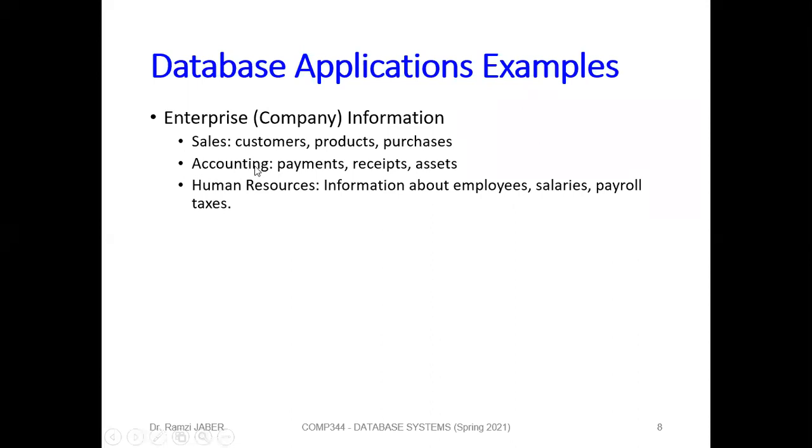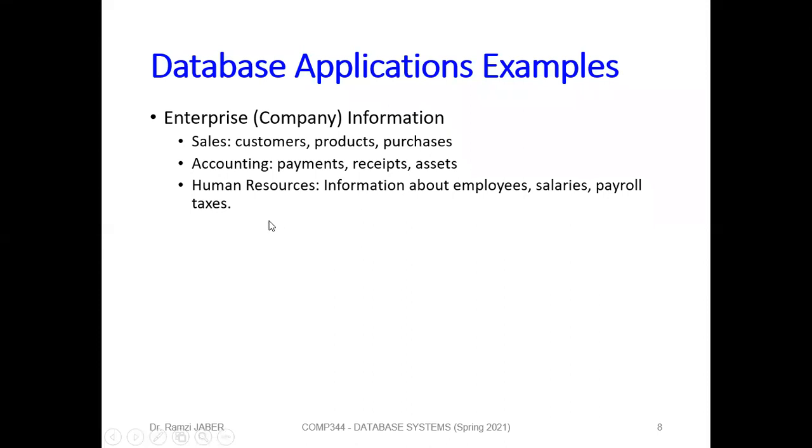Also in the accounting department, they have payments, receipts, assets, the cost, the first fixed cost, the starting amount of money. Also in the human resources department, they must have information about each employee in the company, their salaries, payroll tax, and so on.